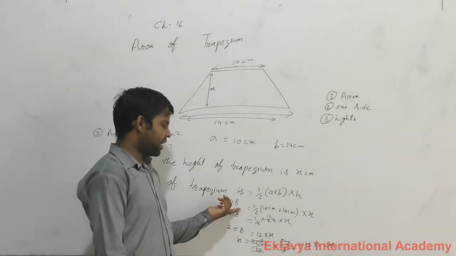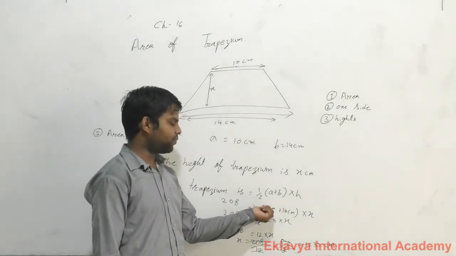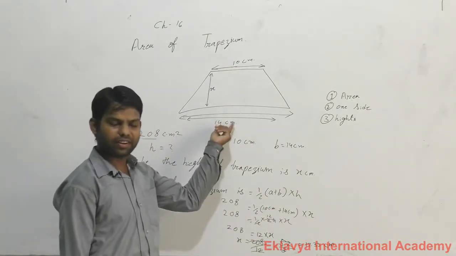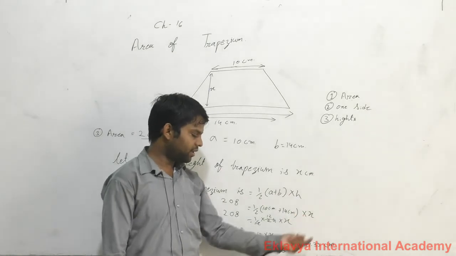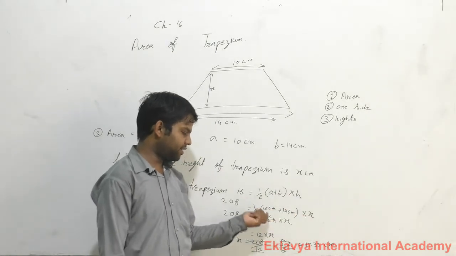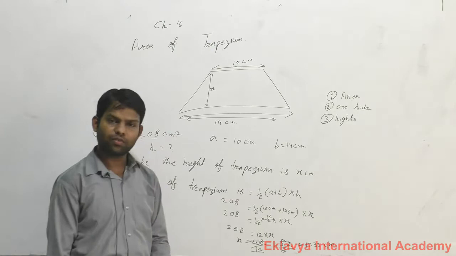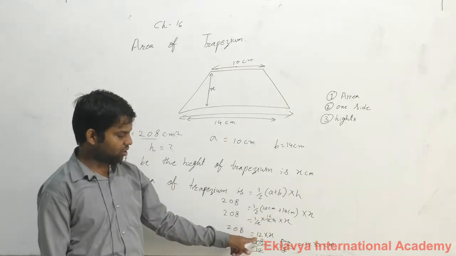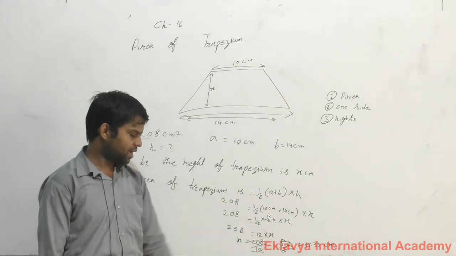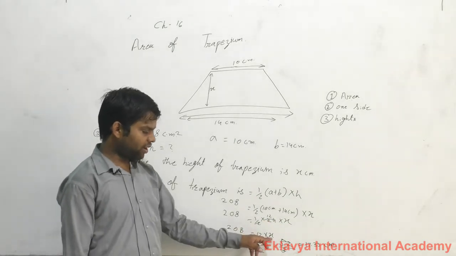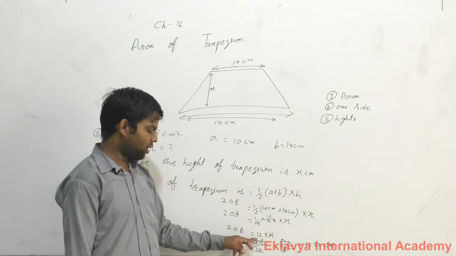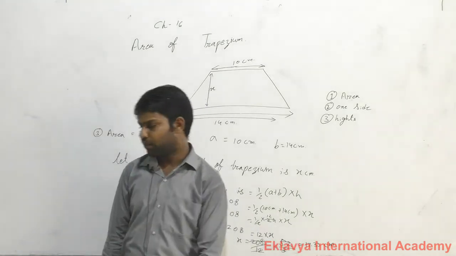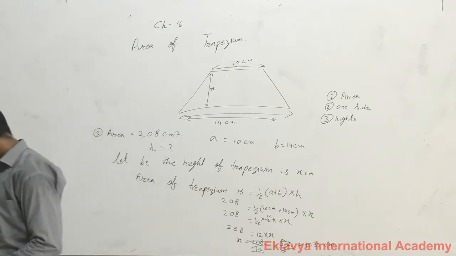So area is given half, first parallel side is 10 centimeter, second parallel side is 14 centimeter. We want to find height, then the sum of the parallel sides is 10 plus 14, 24. If we cancel out 24 by 2, then we got 12. 12 multiplied by x. Now, if we want to find x, then 208 divided by 12, we got 17.33 centimeter.